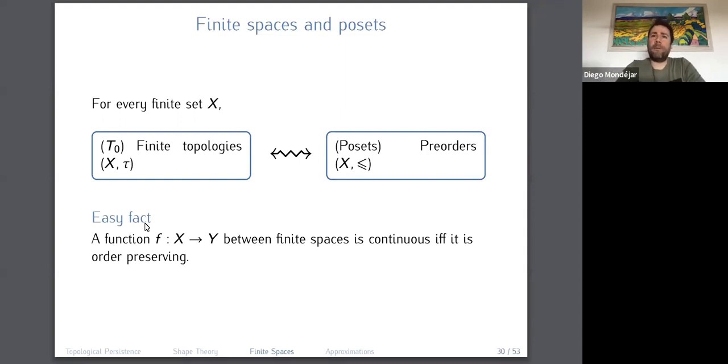So we are going to construct some maps, and when we have to prove that they are continuous, this step is very easy because of this property, which is very nice.